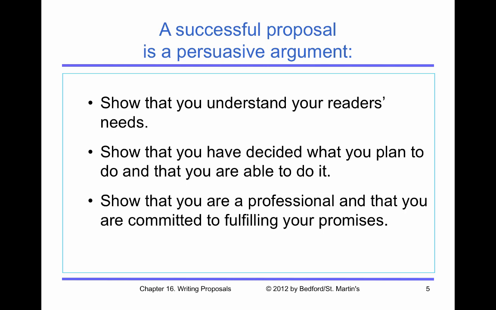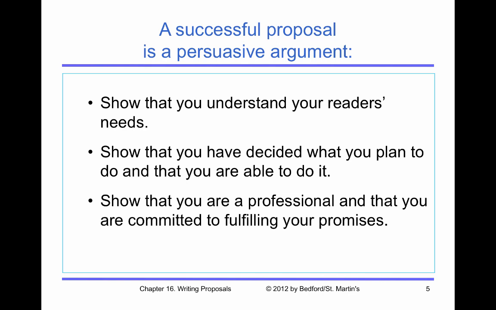A successful proposal is a persuasive argument. This is a rhetorical document, especially the first part of the document, the introduction, where we identify that there's a problem and that you have the solution to it. That is clearly a persuasive part of the document, but also the proposed program, where you lay out the program in as much detail as possible.